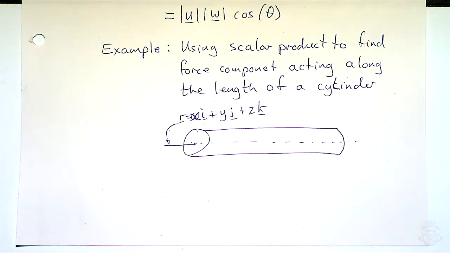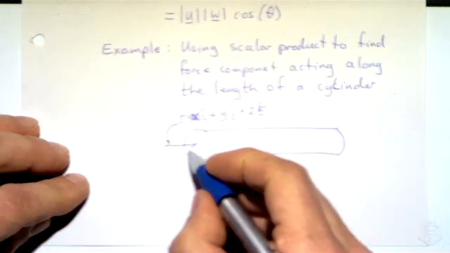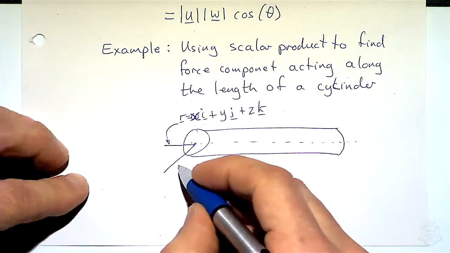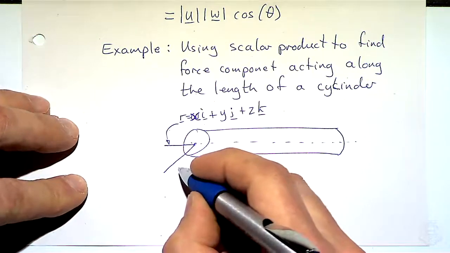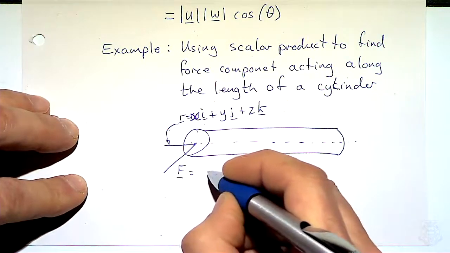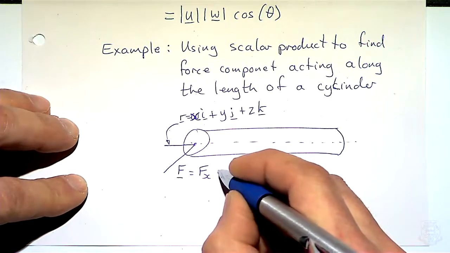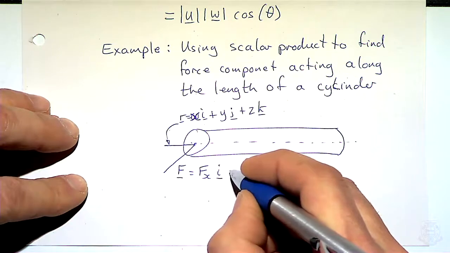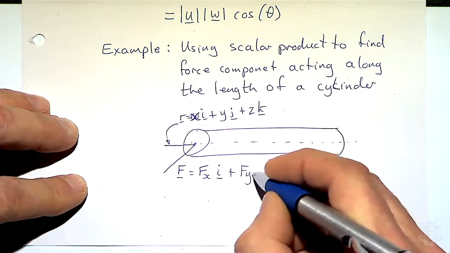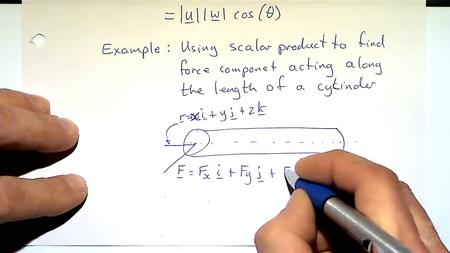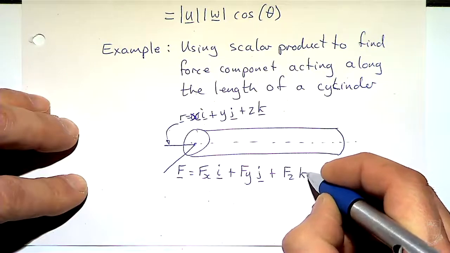And if we've got a force acting at that point as well, that's a force vector F, which again can be divided into the three components Fx multiplied by i plus Fy times j plus Fz times k.